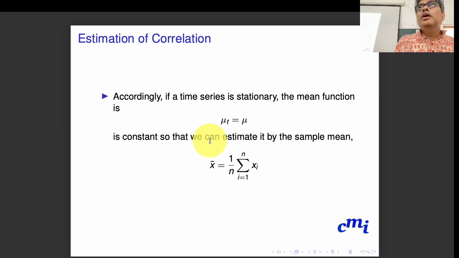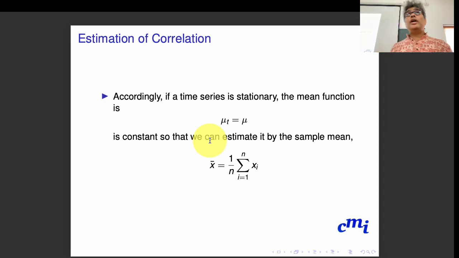So I don't have mu_1, mu_2, ..., mu_n. I have just one mu. And since I have just one mu, most of the observations will be hovering around mu. So I can take x bar as a possible estimator for mu.